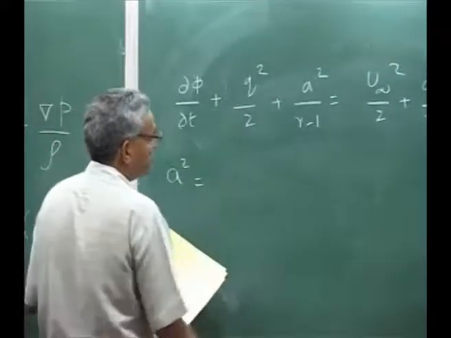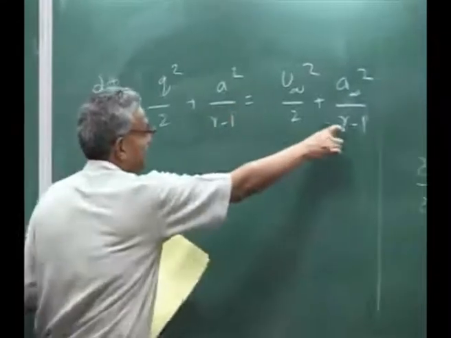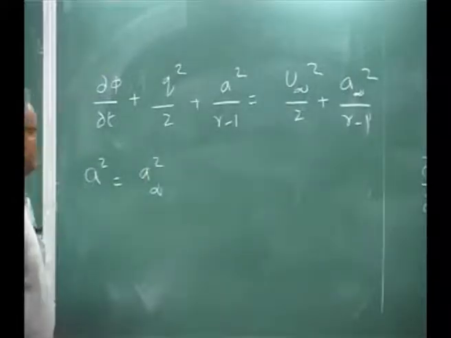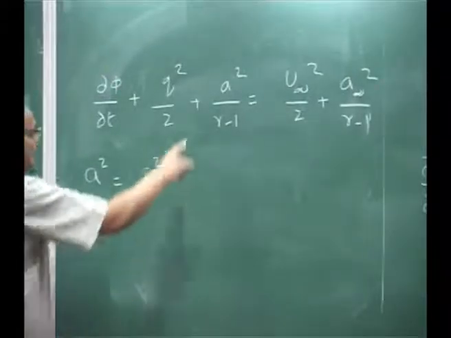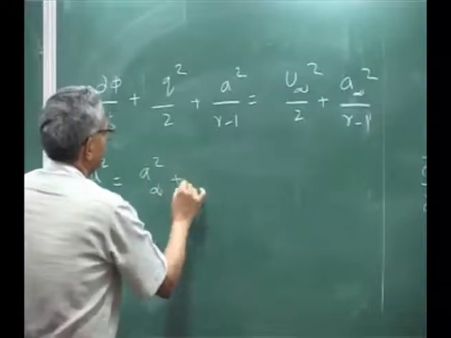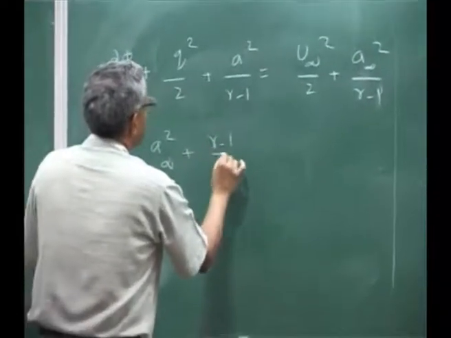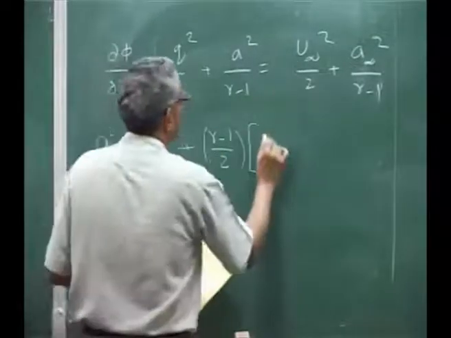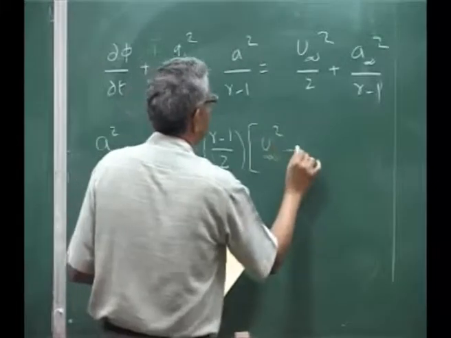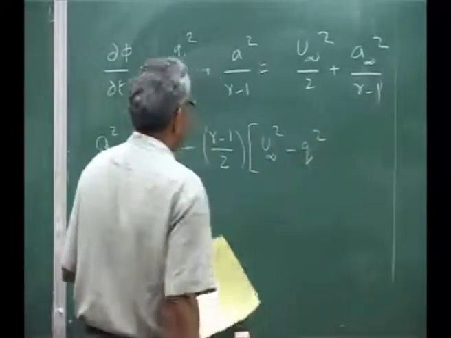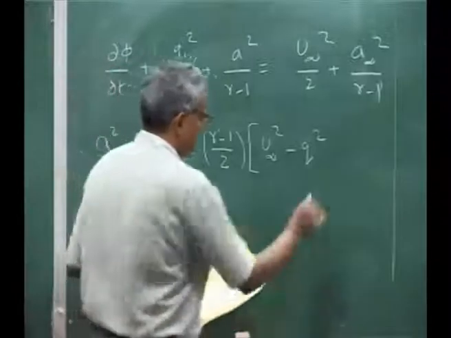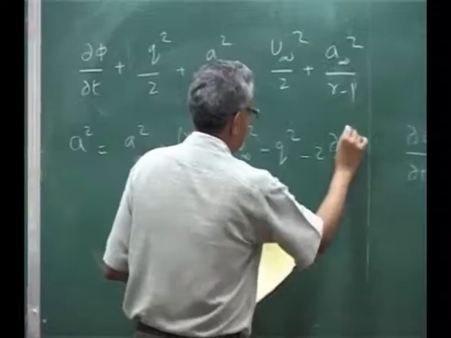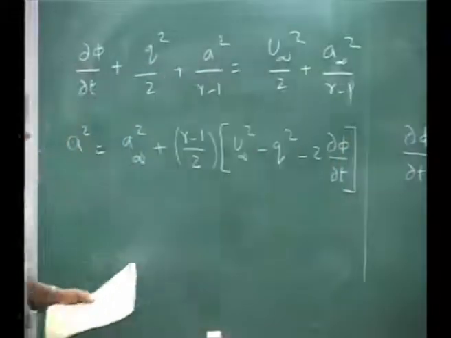A square becomes, because gamma minus 1 you multiply everywhere, a infinity square, and then you multiply by gamma minus 1, you will get gamma minus 1 over 2 times u infinity square minus q square, because 2 I have taken out, minus 2 delta phi over delta t.